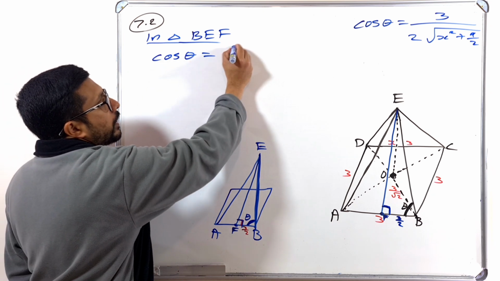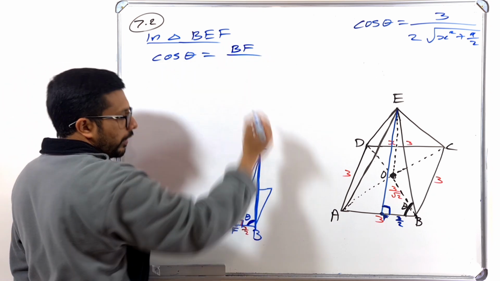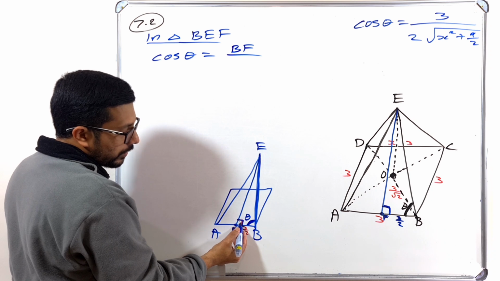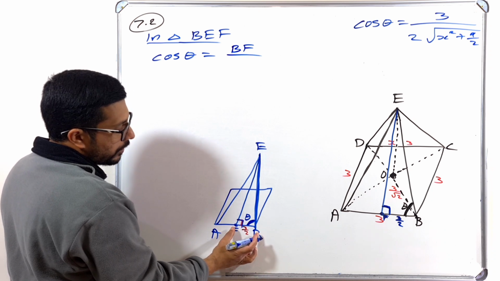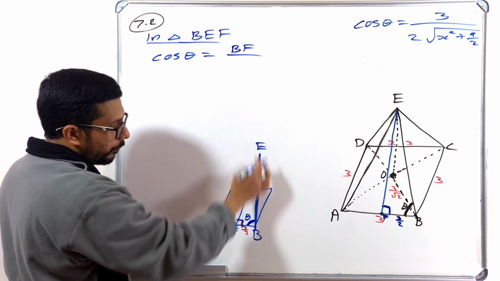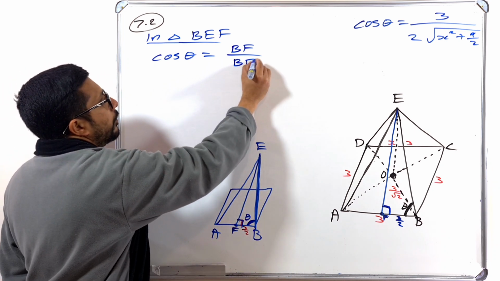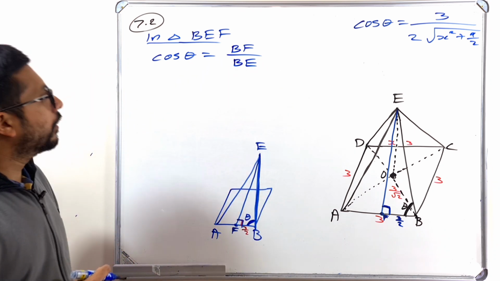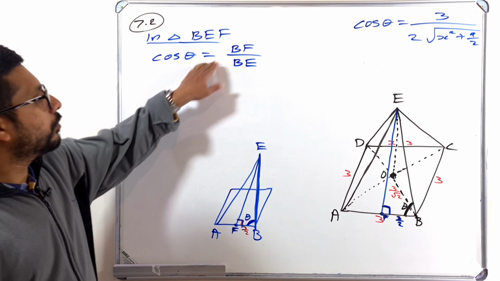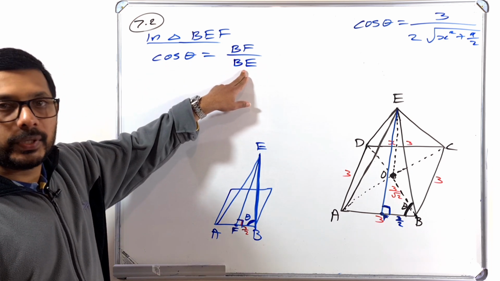So cos theta is BF divided by hypotenuse. Adjacent side is this BF, then hypotenuse is BE. So cos theta is equal to BF divided by BE.